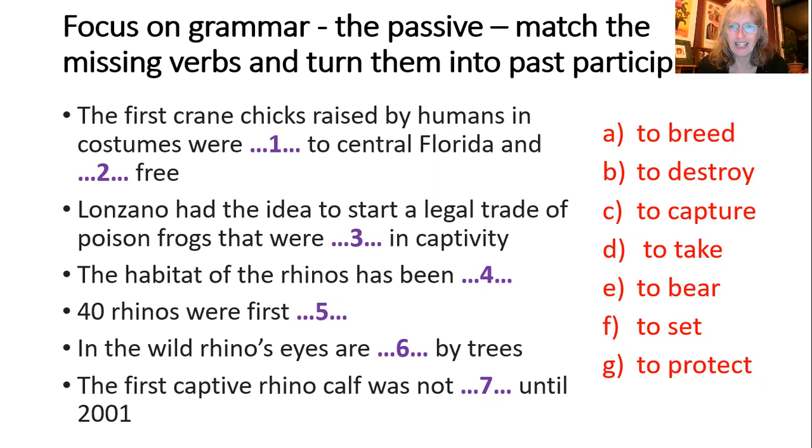Yes, it's D. So the first crane chicks raised by humans in costumes were taken to Central Florida. So 1 is take, and we need the past participle, taken. Okay, pause the video now and in pairs, do the rest.